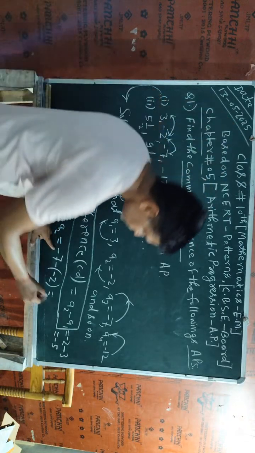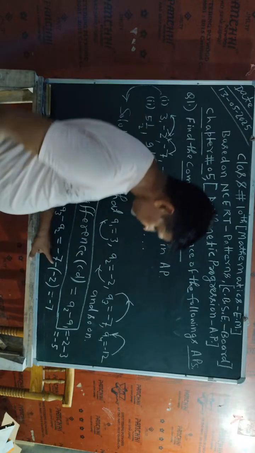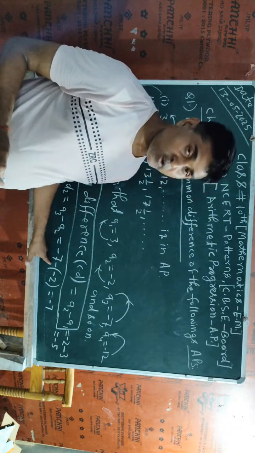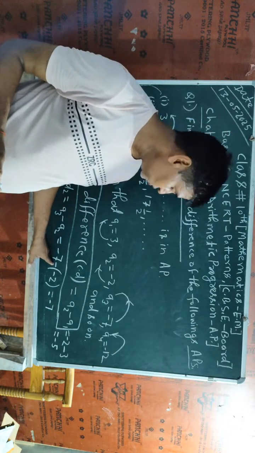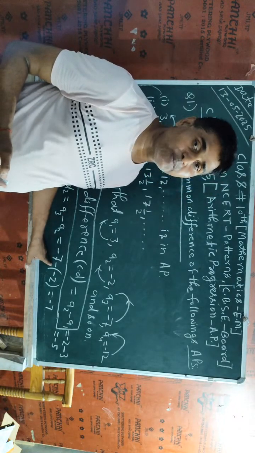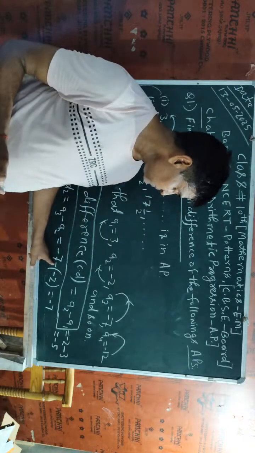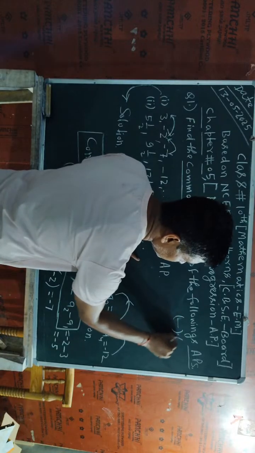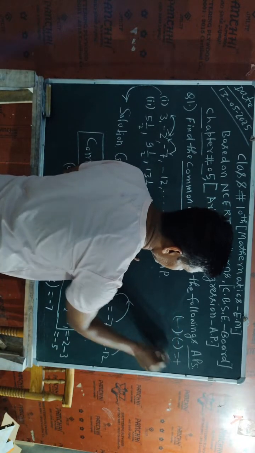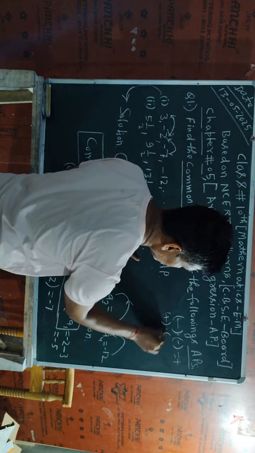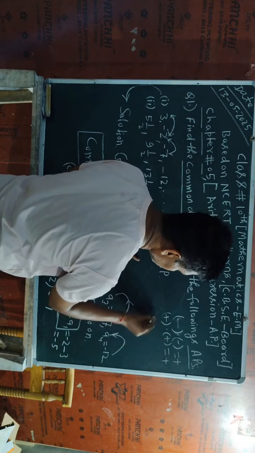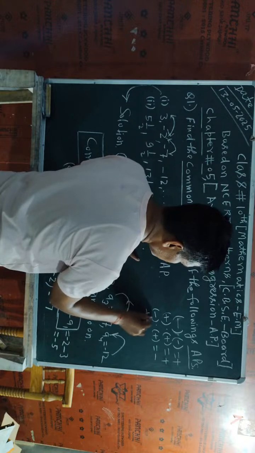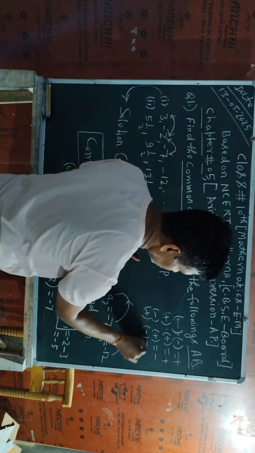So -7 is available, so I will put here -7, and here you have to concentrate on this point, because students make mistakes here, since there are two signs. Here we will multiply both signs, and after multiplication I will get a single sign. Minus into minus will be plus, plus into plus will be plus, minus into plus will be minus, and plus into minus will be minus.